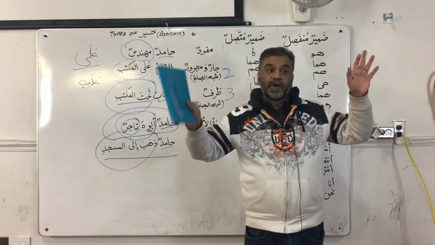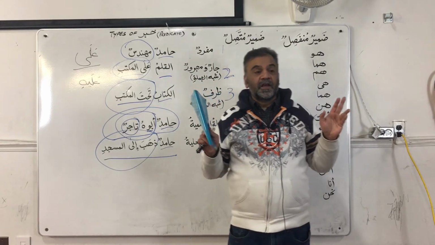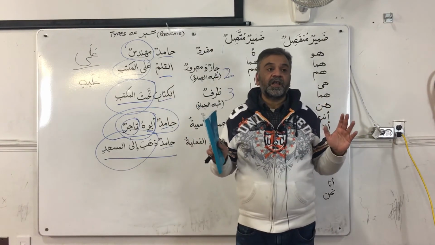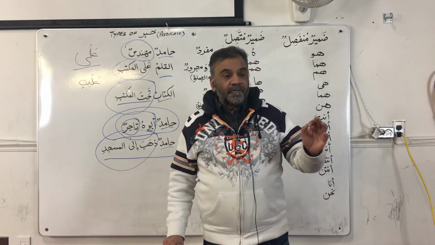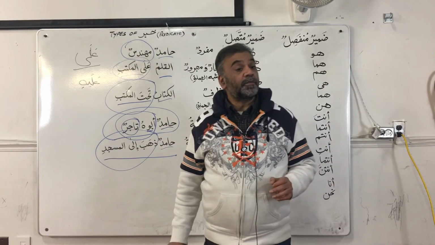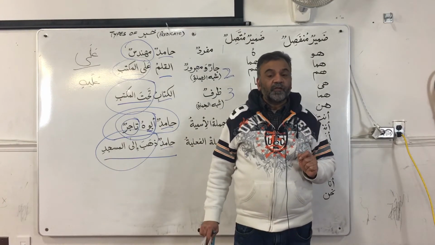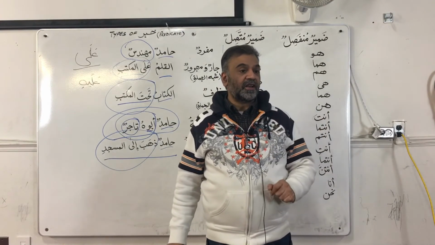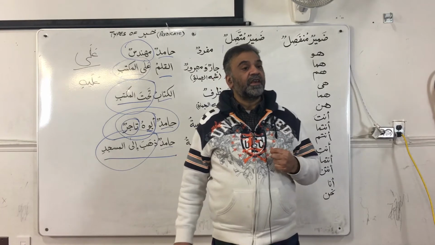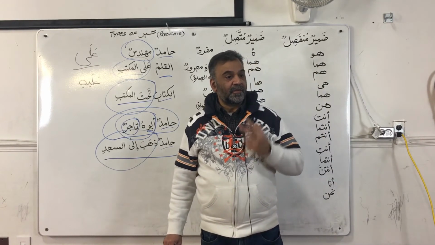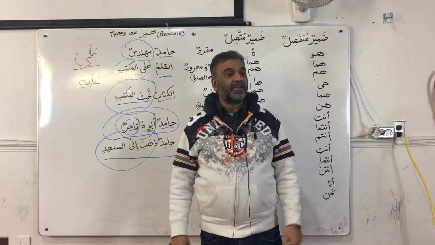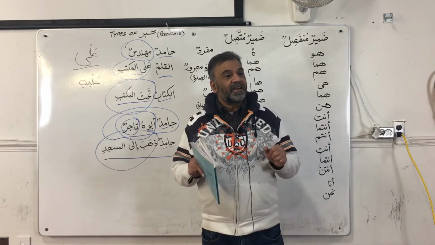Now, with the body parts, remember the body parts of a human, if they are in pairs, they will be feminine in nature. Body parts which are singular would be masculine in gender. My nose is masculine, my ears are feminine, my eyes are feminine, my legs are feminine, and my hands are feminine.